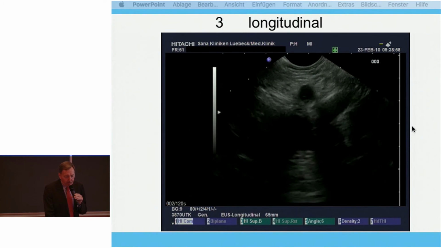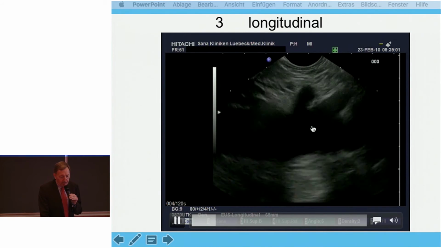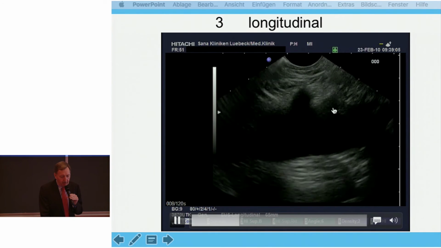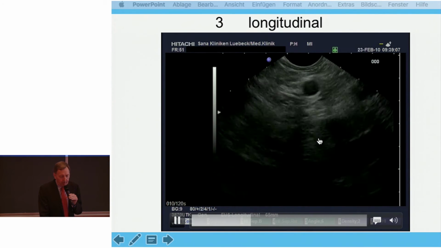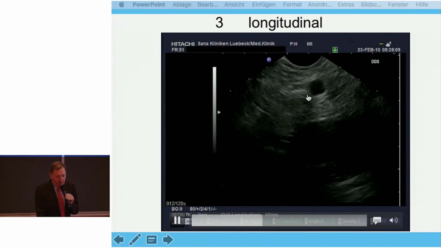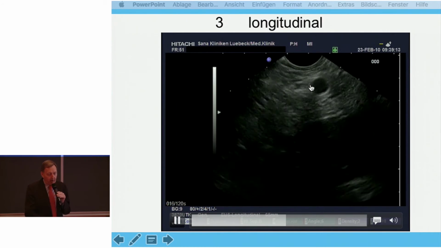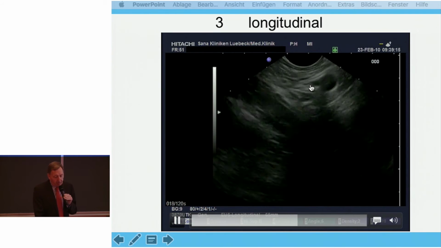So this is a video. You see the celiac trunk, and together with the superior mesenteric artery here, this is the aorta, and here's the very small left gastric artery going cranially to the stomach wall.